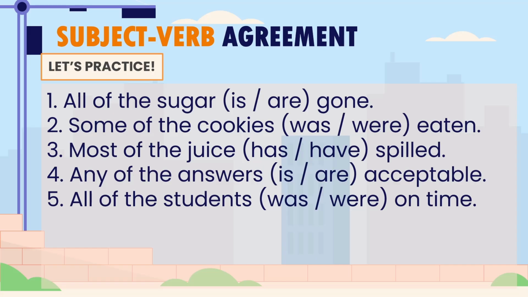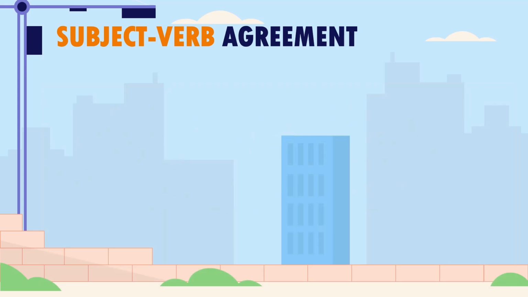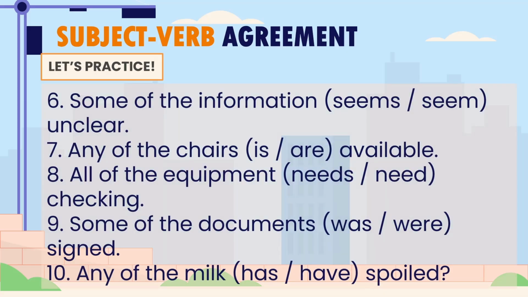Next, number 4, any of the answers is or are acceptable. It is are, because answers are a countable noun. Next, all of the students was or were on time. Your answer is were, since students are a countable noun as well. Next, some of the information seems or seem unclear.